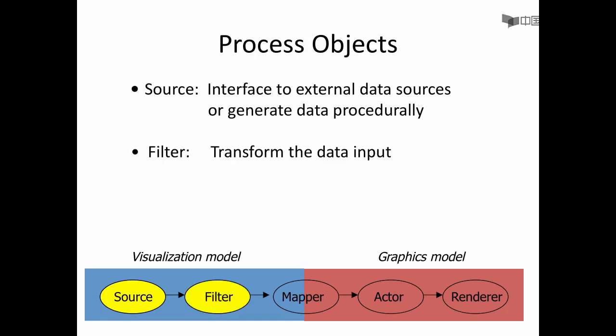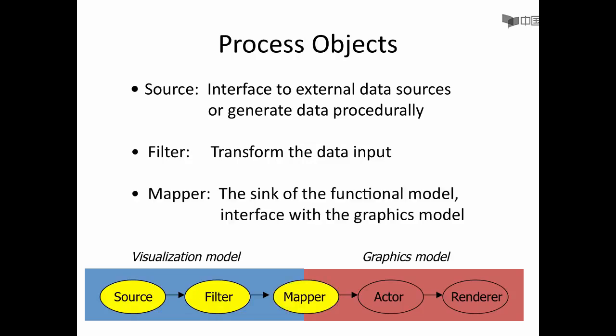The output from the data source is going to be input to filters. Vtk has a large number of filters. You can imagine those filters are performing different kinds of data transformation, and the output of filters is going to be sent to mappers. The Vtk filters will produce visualization objects or geometry, that is, something that can be visualized.